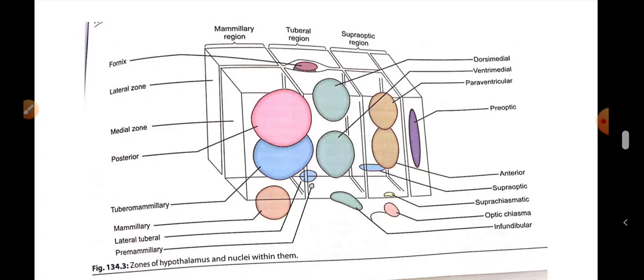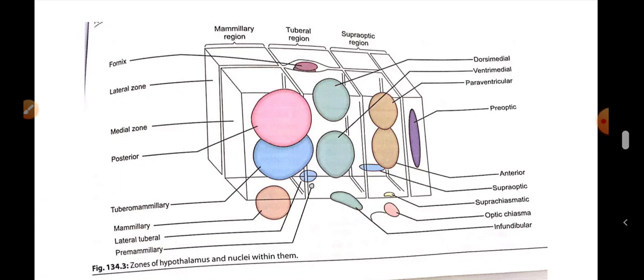In the tuberal region you can see the dorsomedial nuclei and the ventromedial nuclei. So these two nuclei are present in the tuberal region. Also the fornix is present in the tuberal region.